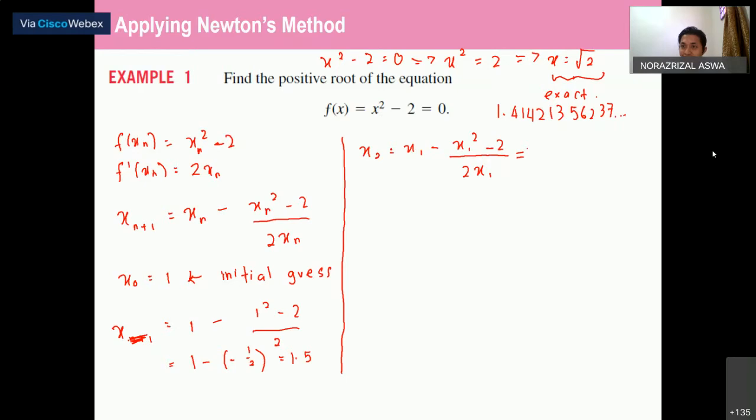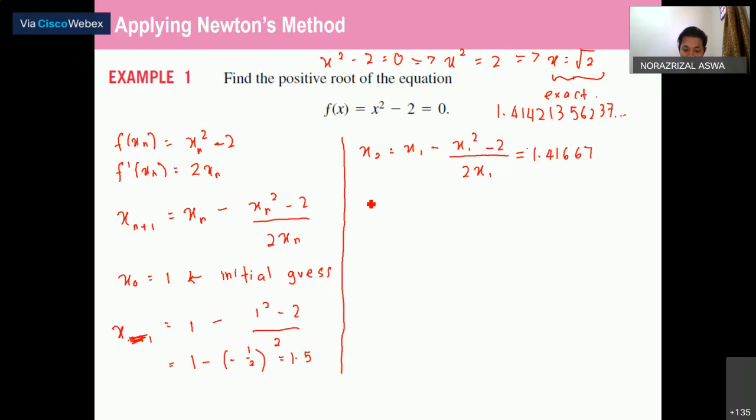Get value? It's very simple, right? Okay. 1.41 and so on. 1.4166 and so on. Yeah, I'm just going to end here. 1.7. Okay.